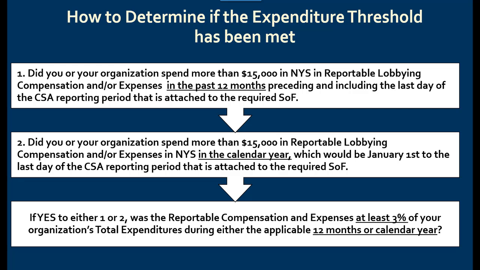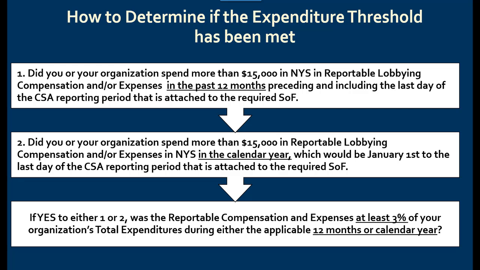Did you or your organization spend more than $15,000 in reportable lobbying compensation and/or expenses in New York State in the calendar year, which would be January 1st to the last day of the CSA reporting period that is attached to the required source of funding?